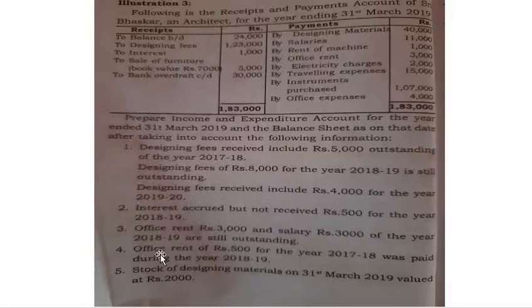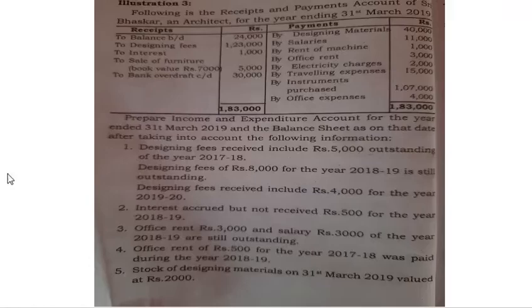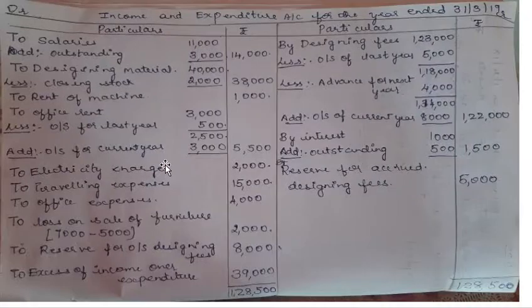If you check, office rent 500 for the year 17-18 was paid during the year 18-19. The current year's outstanding, office rent 3,000, we have to add first. So 3,000 is added for the current year.